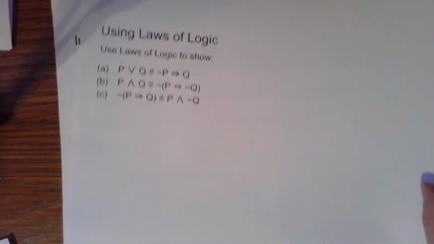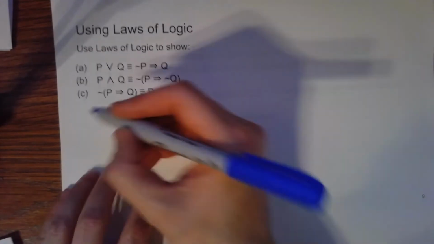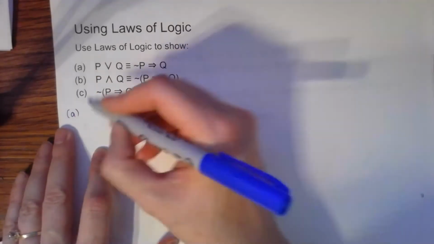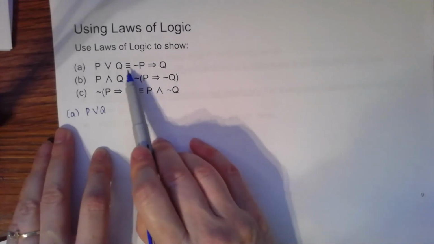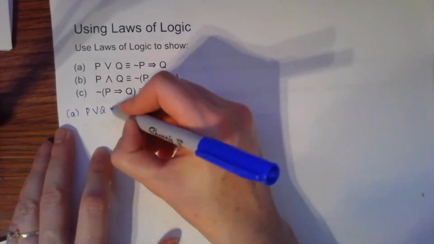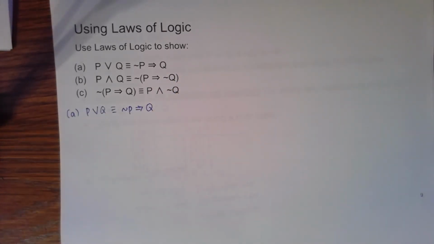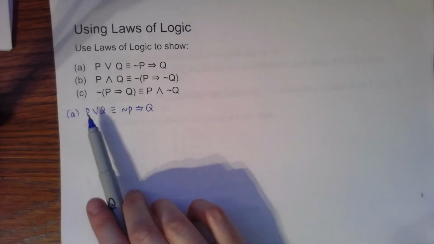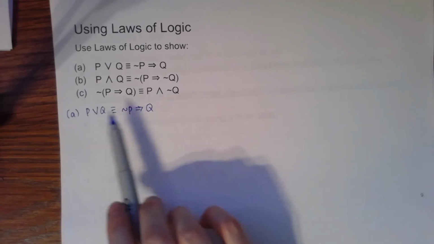They're fun. Okay, so let's practice using our laws of logic and see if we can do these other ones. Let's start here with A. We've got P or Q, and we want to show that that is logically equivalent to not P implies Q. When you look at this, you might try to make a comparison between one side and the other and see what could I do to get from this side to that side.